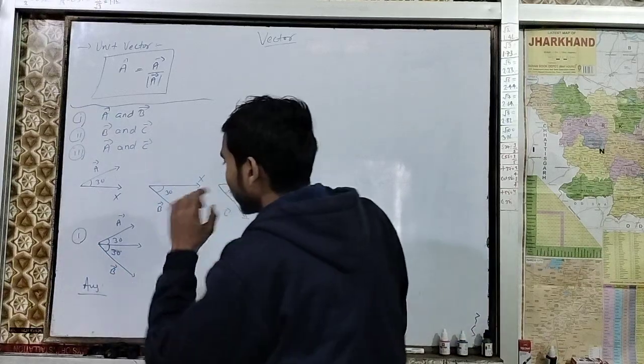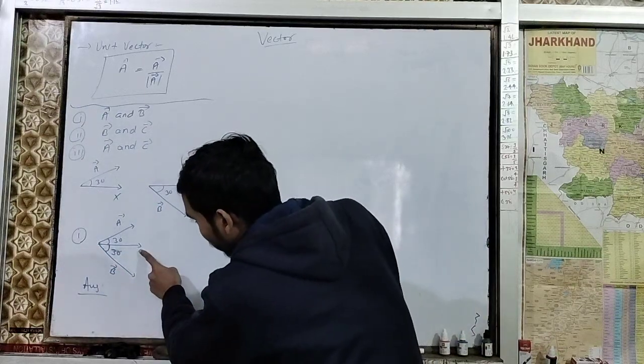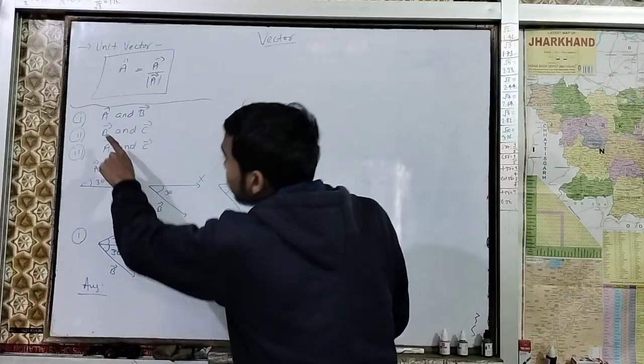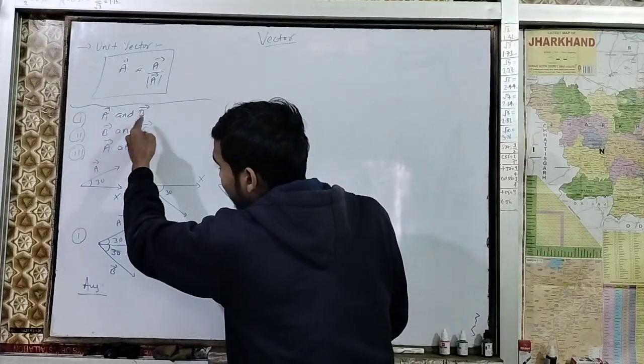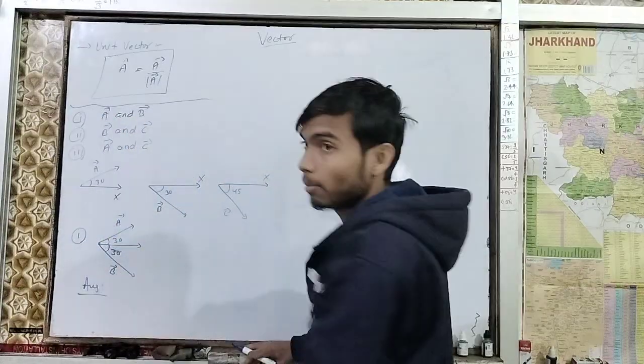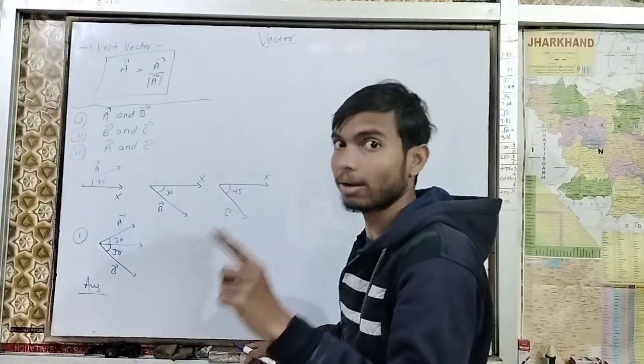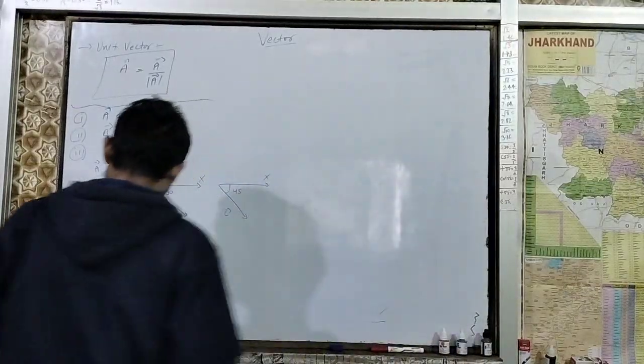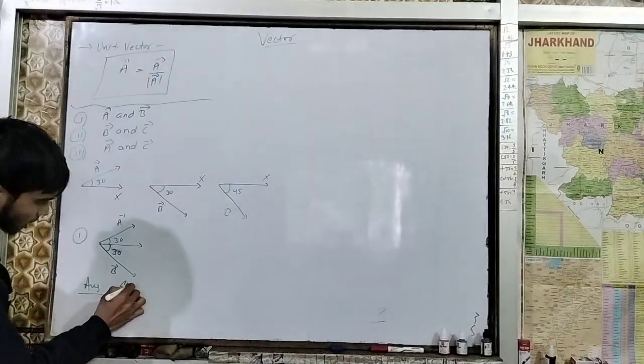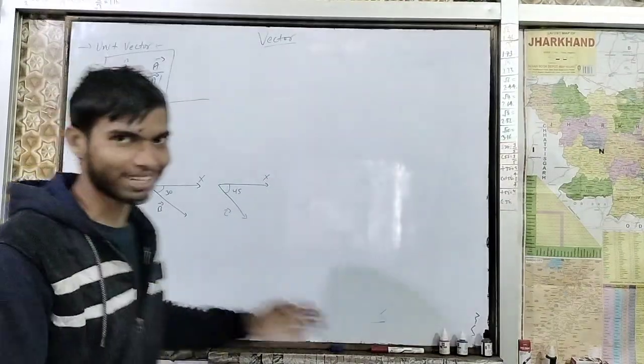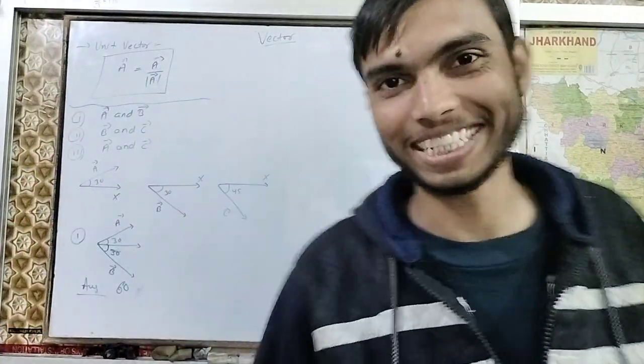And now we can ignore this x because the question is asking the angle between A and B vector, not the angle between A vector and x coordinate. So the answer for this would be 60 degrees. Finally, you have answered.